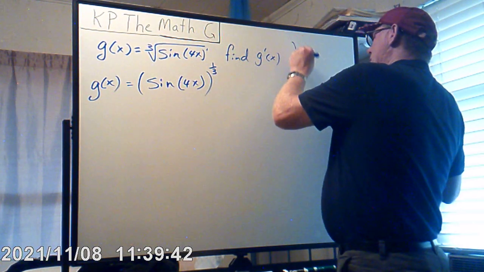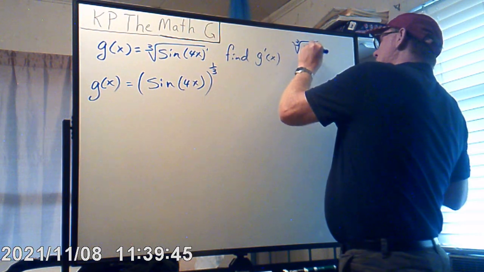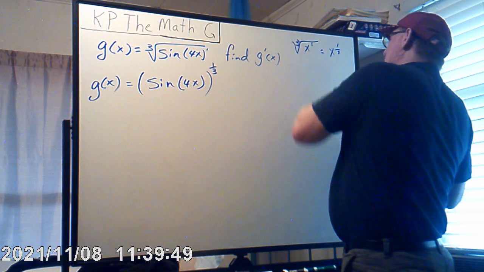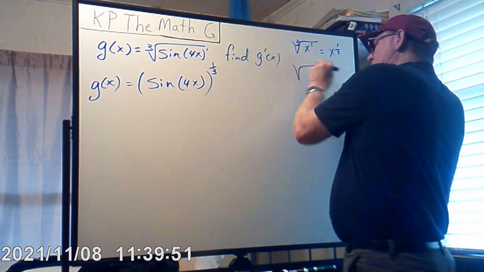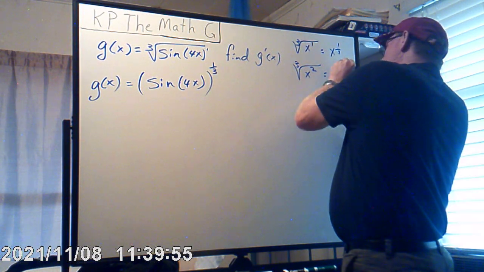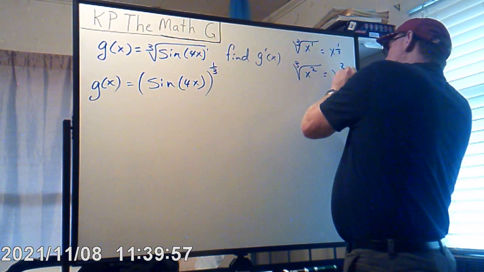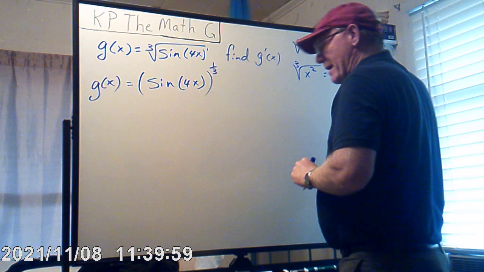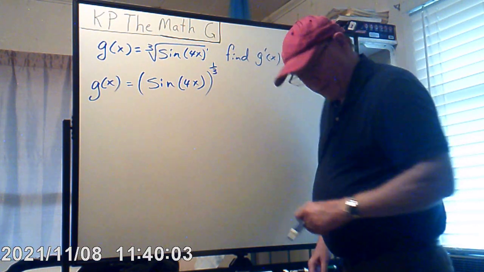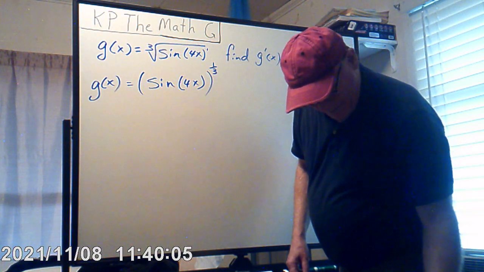If we have the cube root of x, it's the power over the index. If you had the cube root of x squared, that's the power over the index, like that. Hopefully you understand where I'm coming from with that.